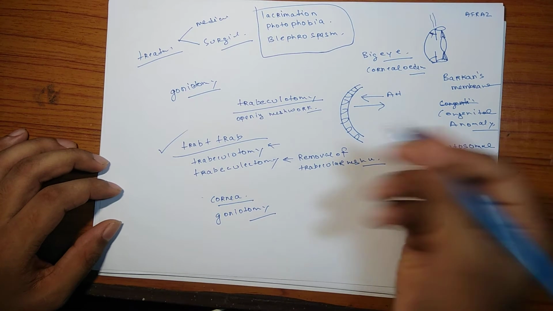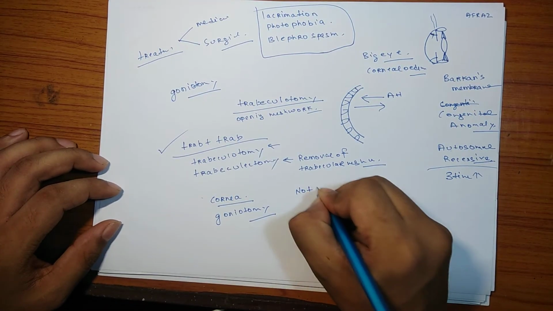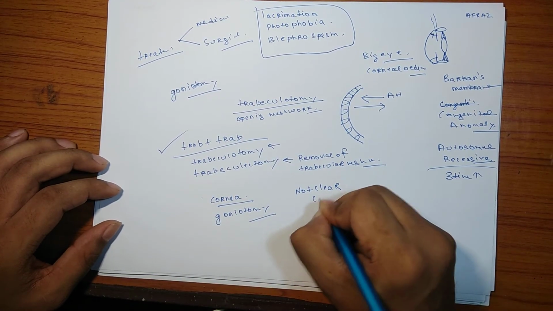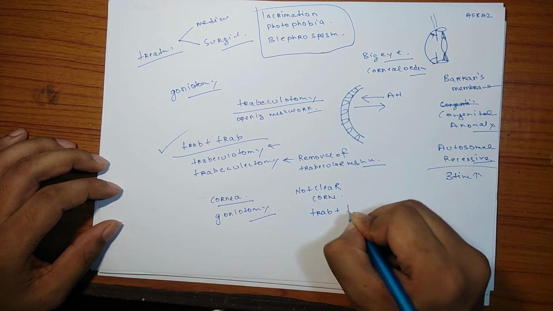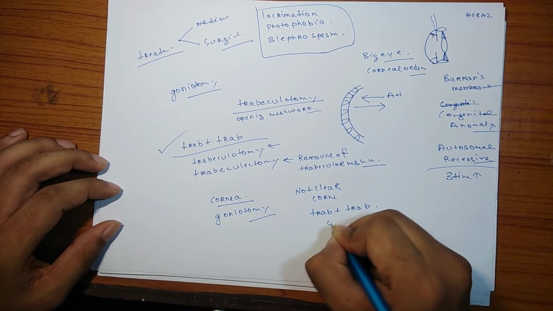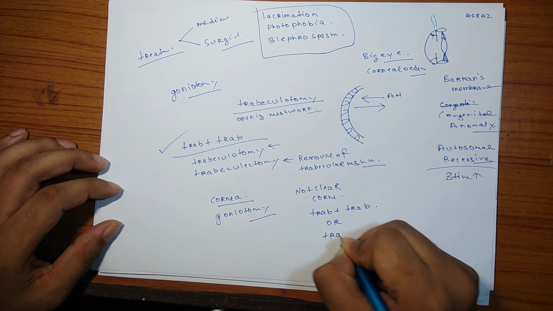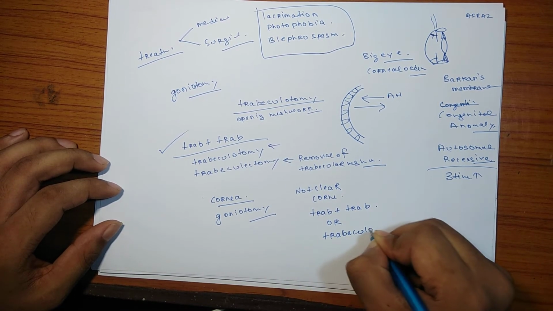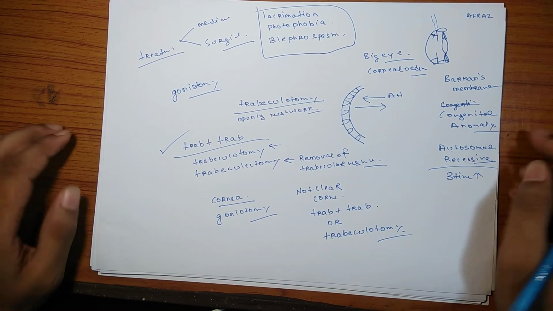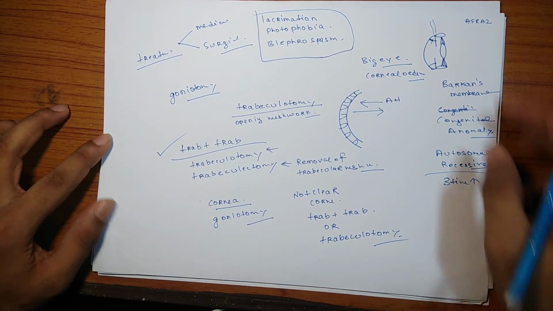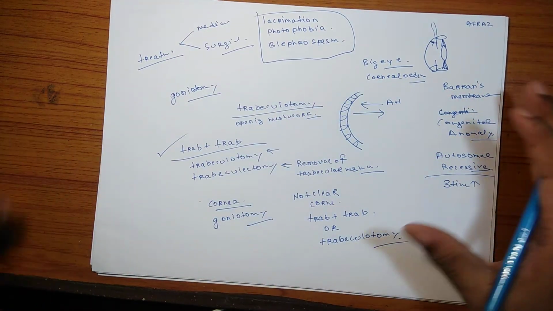Okay, if the cornea is not clear, we'll go for trab plus trab or trabeculotomy. Trabeculotomy, oh my god, see, you sometimes tend to mispronounce the word.